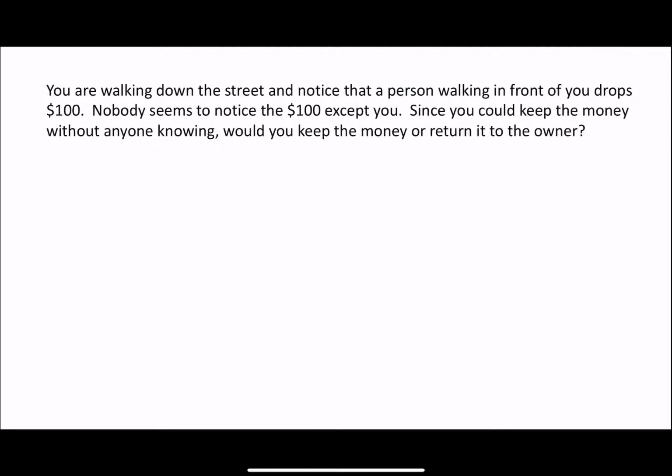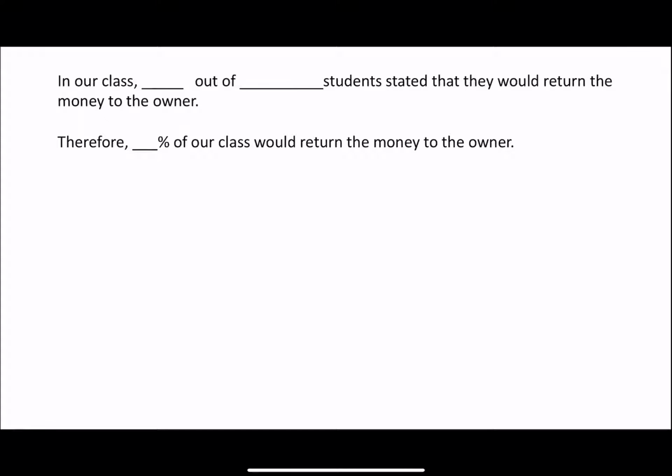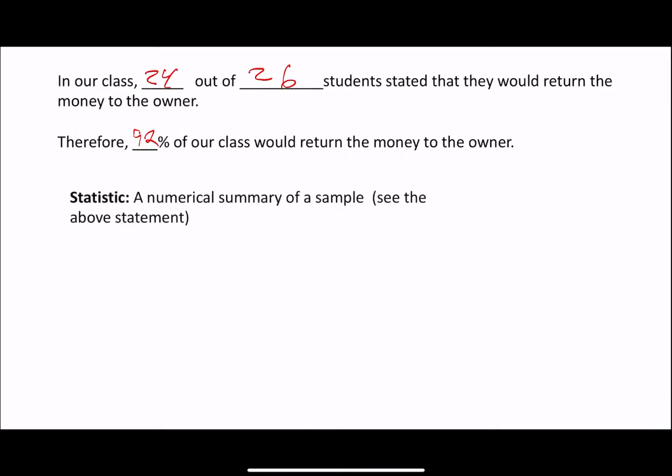So in previous classes, last term, I got that 24 out of 26 students in that class stated they would return the money. Therefore, 92% of that class would return the money to the owner. This is considered a statistic.